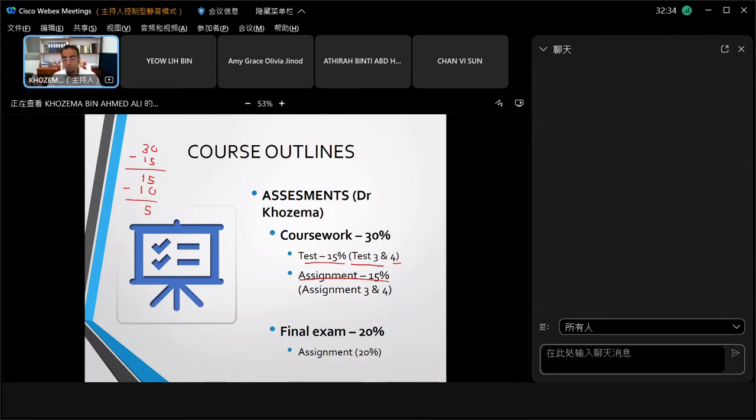Okay, so I will try to put the assignments and tests as far apart as possible, because we only have 7 weeks, so there might be some overlap here and there. But again, I will always tell you the test dates and what the topics are, so that you can always focus. Okay, so that is for the coursework part.